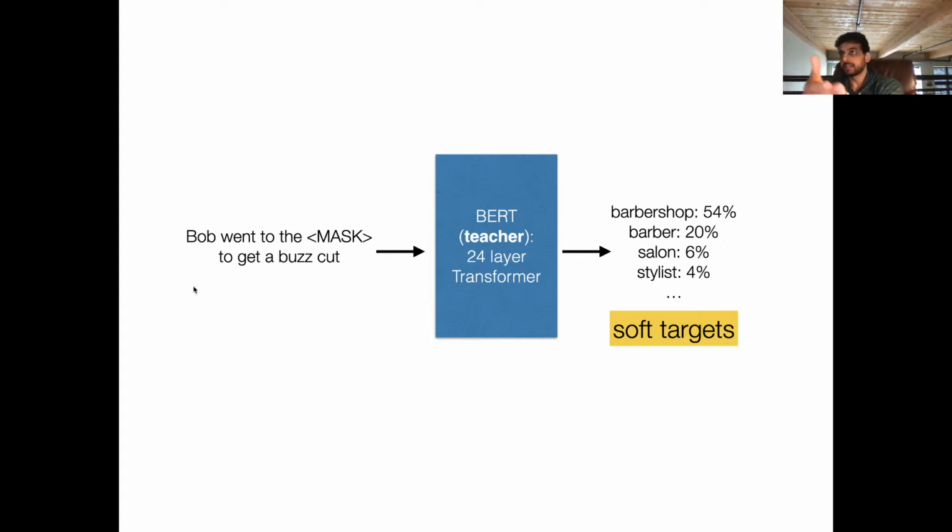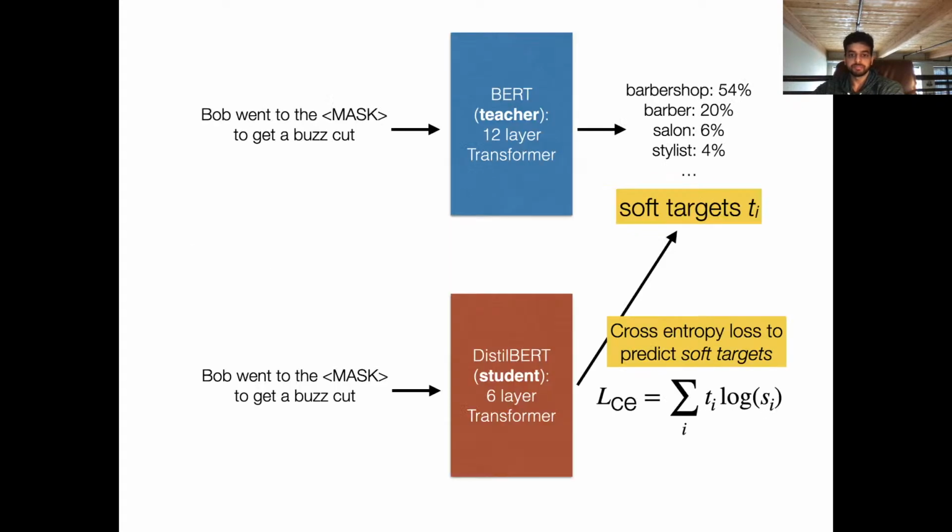So in this example, barbershop. In this case, every single word in your vocabulary is contributing some amount to your loss, right? So I want my model to predict that stylist has a 4% probability. And we'll go through a little later why this method of training with soft targets is potentially more informative than just training our student model with hard targets.